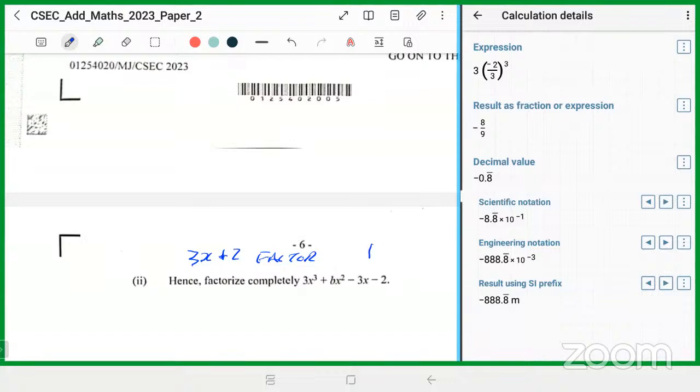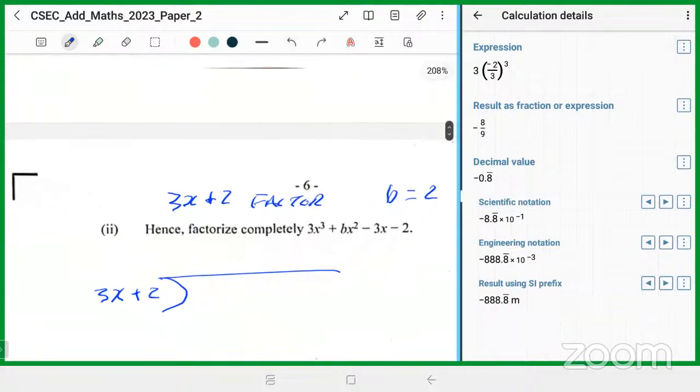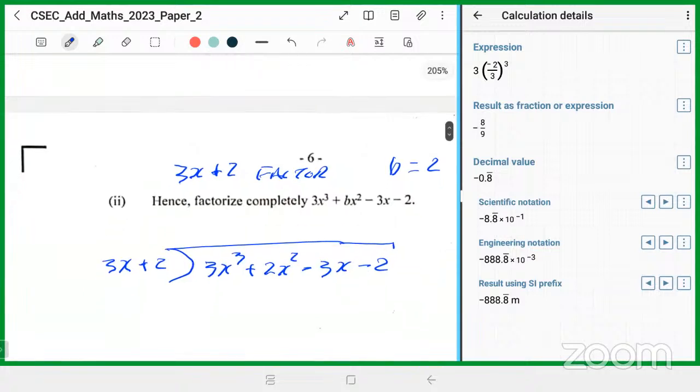So I divide 3x plus 2 into this expression with b equals 2: 3x cubed plus 2x squared minus 3x minus 2, to find my quadratic factor.